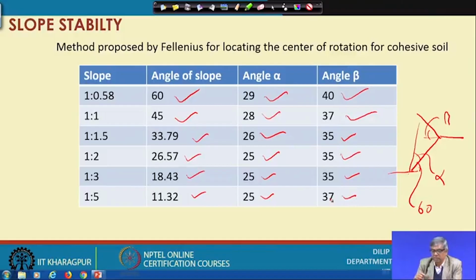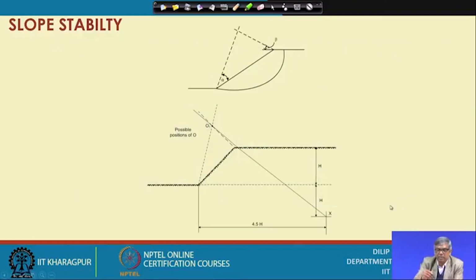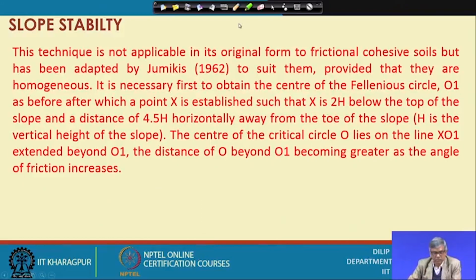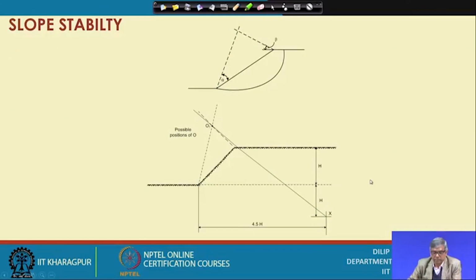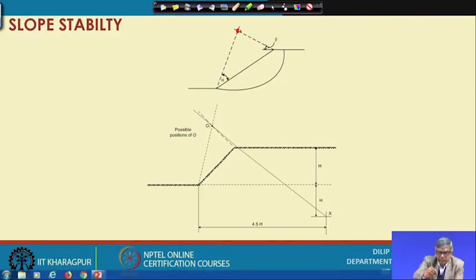So, for different values of alpha and beta, you can locate the intersecting point. This becomes the center of the trial slip circle, and then you can draw the slip surface and do the analysis.